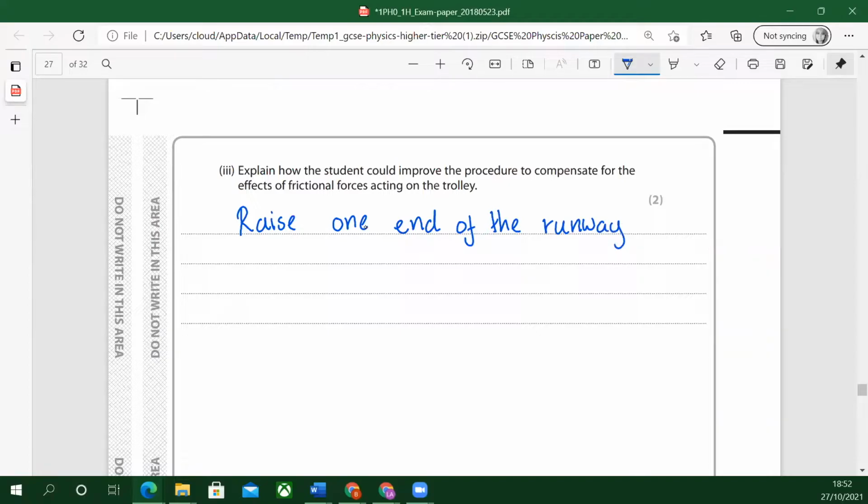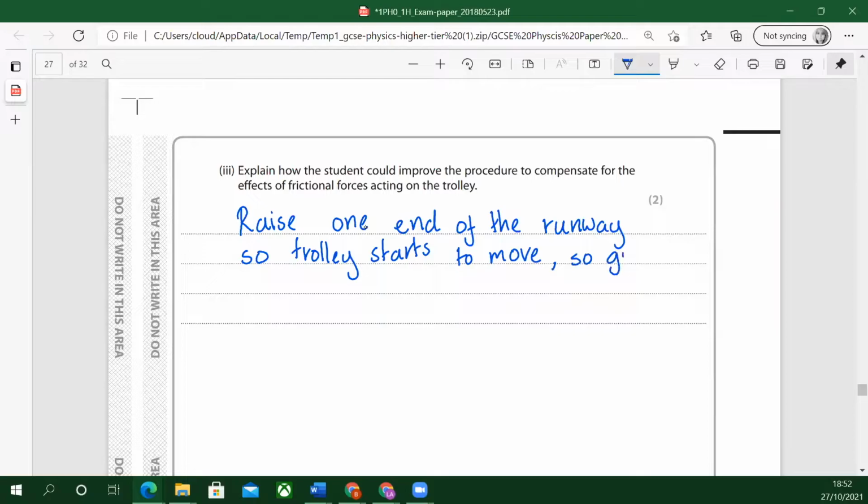I remember I did some classes. It's actually quite tricky to do this. So you raise one end first of all, so that the trolley runs at a constant speed, so it just starts to move. Because gravity will compensate for friction.